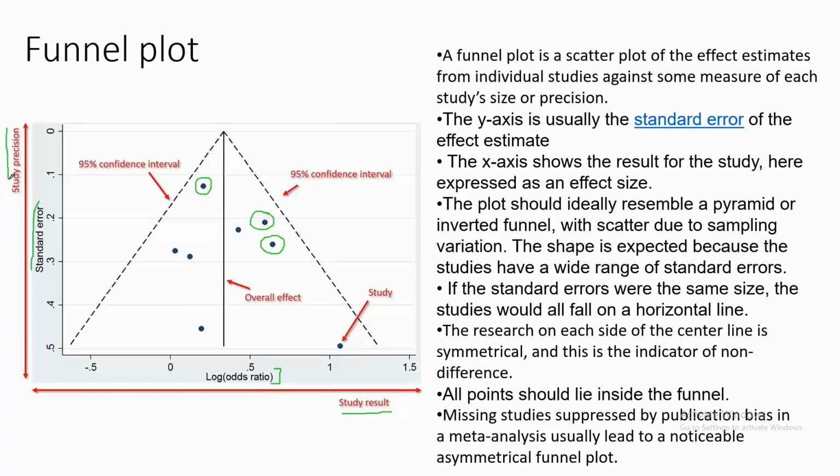Now that we are plotting our studies into the funnel, how do we interpret whether there's a bias or not after seeing all this? All our studies should primarily lie inside this so-called funnel.